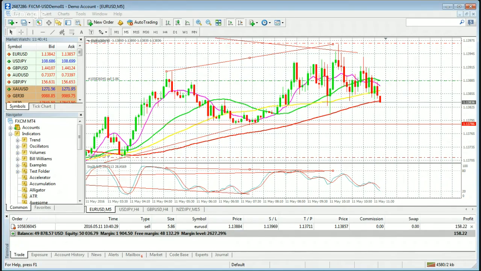Basically, the result you always want is to remove any of the losing signals. And the 8 moving average just helps me to be almost like that final little filter to keep me from getting into those little false or fake signals for my direction. It kind of filters out that noise.